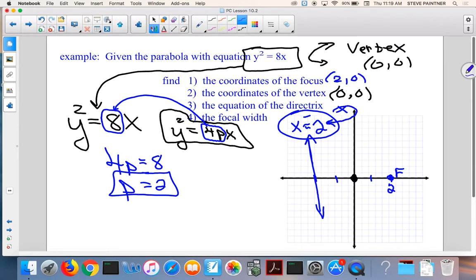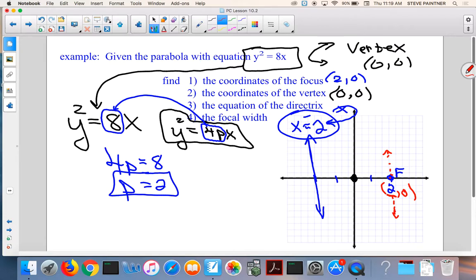Right there. What's the focal width? Focal width is just going to be the focus 2, 0. How far up? How far down do you go? Well, what are you going to plug into your equation? Yeah, the x value. Plug this number 2 in right over here.